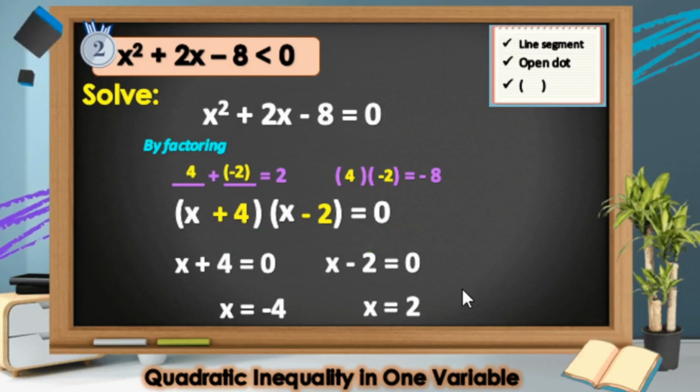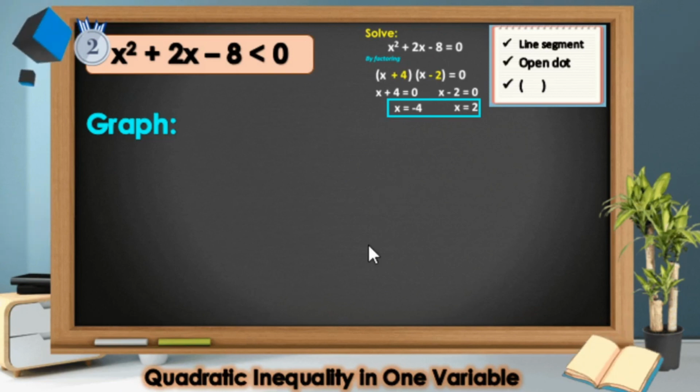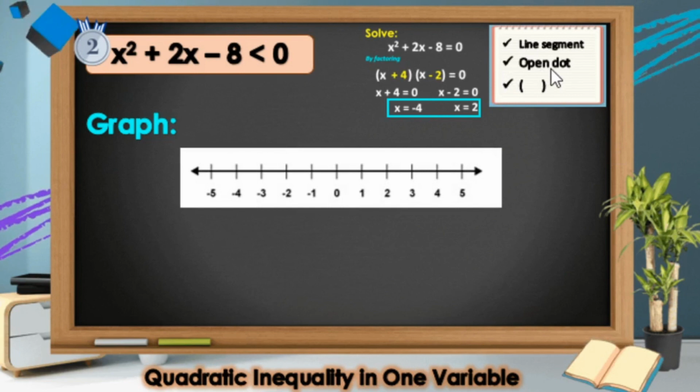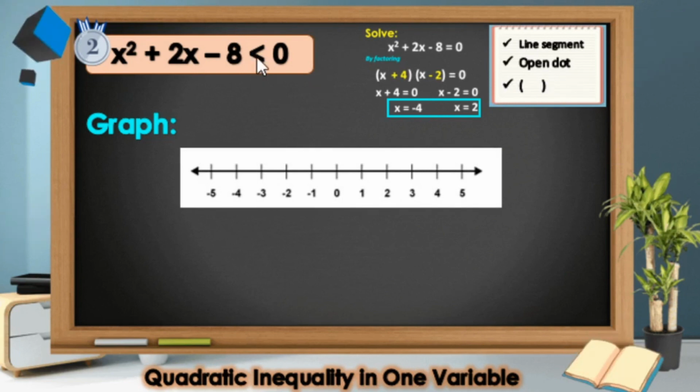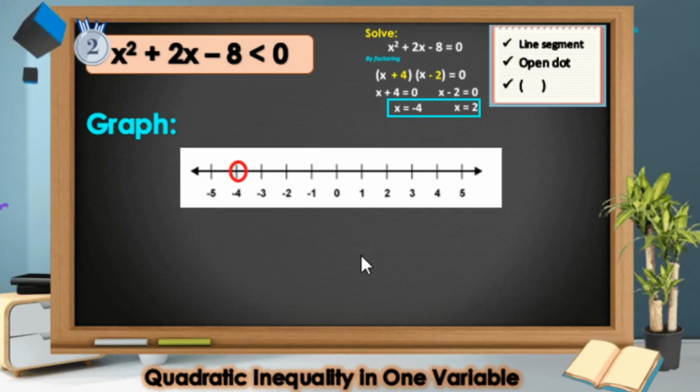So, therefore, ang mga points na ating ipa-plot sa ating number line ay negative 4 and 2. And ang sabi, it should be open dot. Bakit open dot ulit? Kasi walang underline to, no? Or walang equal. Ang less than lang siya. So, i-plot natin si negative 4 and then si positive 2.